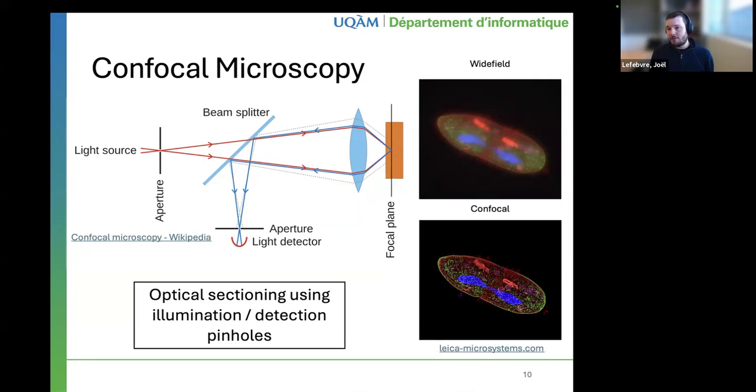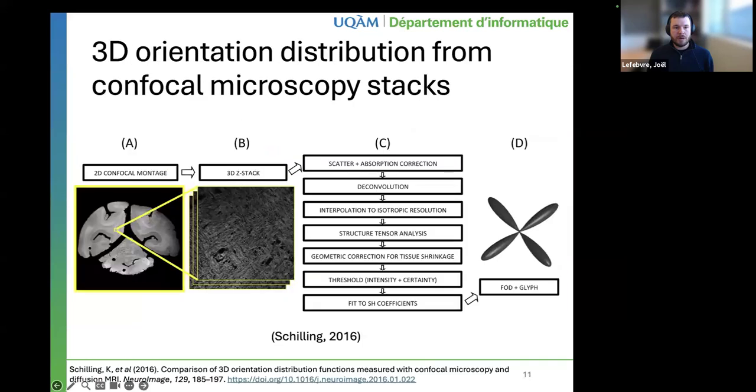So that brings me to the first application of this technique: studying the tissue organization in 3D. That's a paper from 2016 from Kurt Schilling that used basically 2D confocal microscopy, and they acquired different stacks. So they did a scan at different depths inside the tissue.